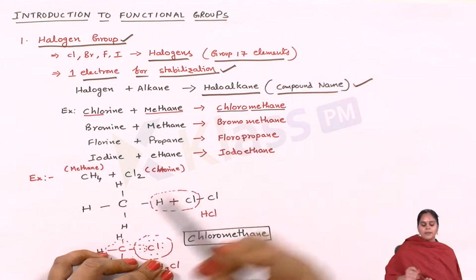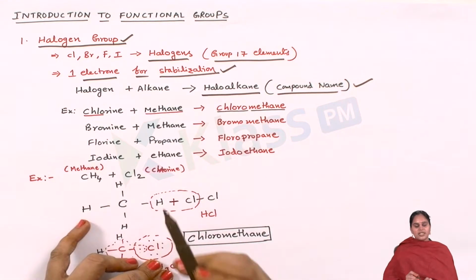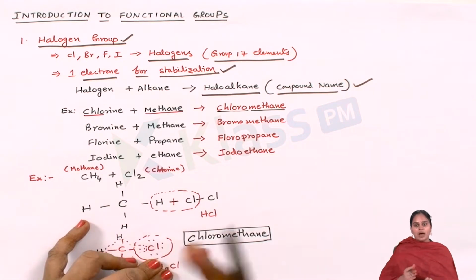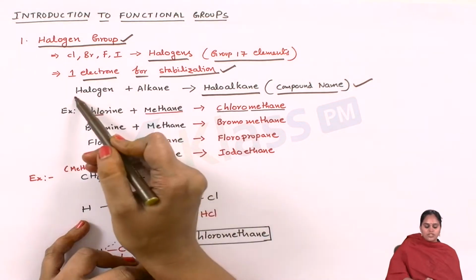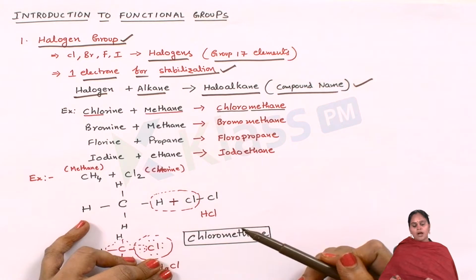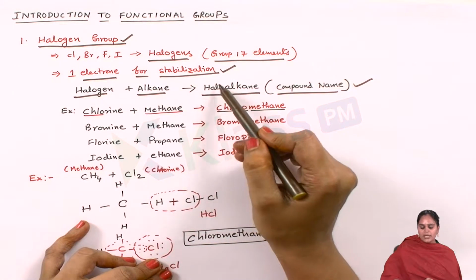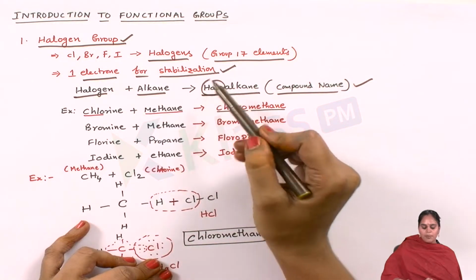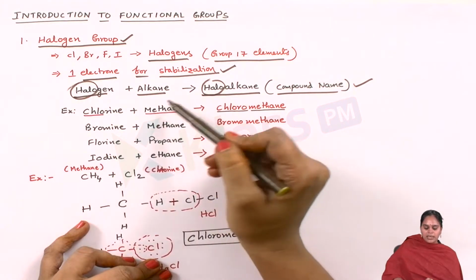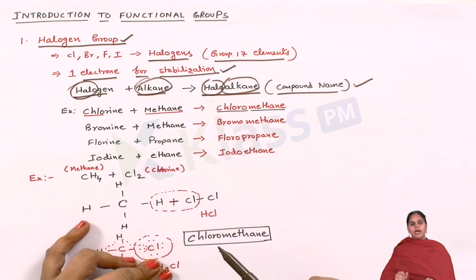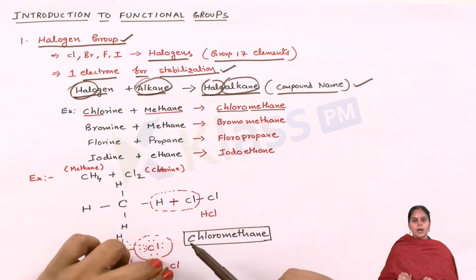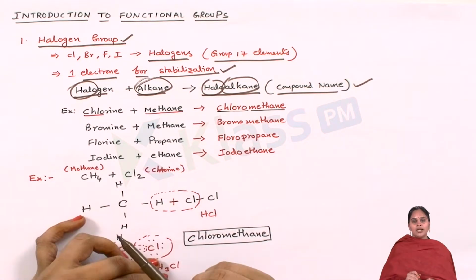If one functional group, that is halogen, mingles with alkanes, that is single bond carbon compounds, halogen plus alkane gives a haloalkane compound. You need to take halo from halogen and the alkane name as it is; it will come at the end of the name. That is the compound name. So halogen plus alkane becomes haloalkanes.